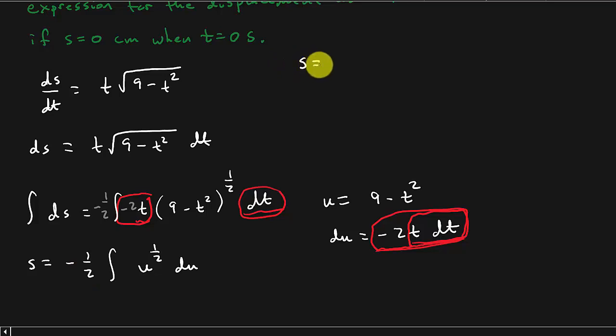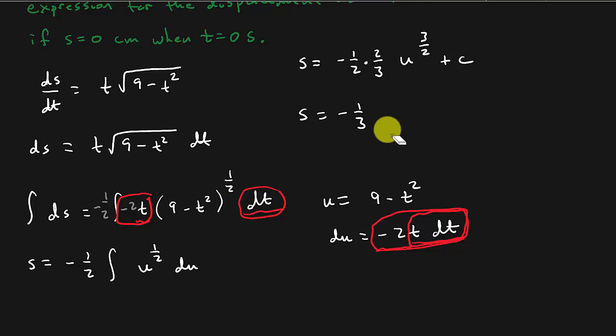And so let's come up here and integrate this. So s is equal to negative 1/2 times u, and I'm going to add 1. So 1/2 plus 1 is 3/2. Multiply by the reciprocal of the new exponent, plus c. And so s is equal to negative 1/3 u to the 3/2, but I need to get it back in terms of t.